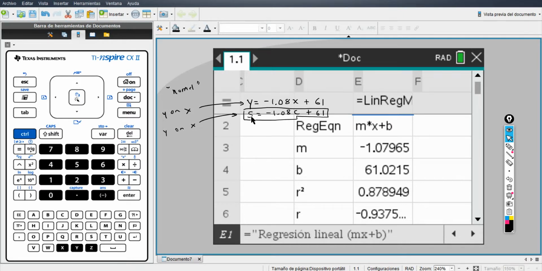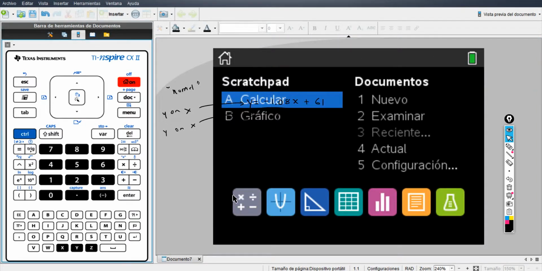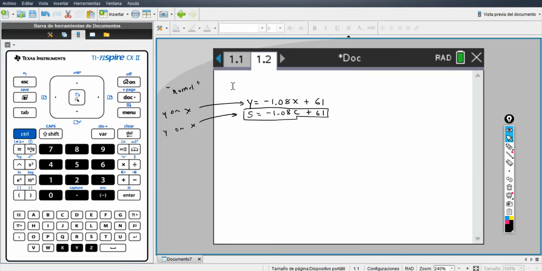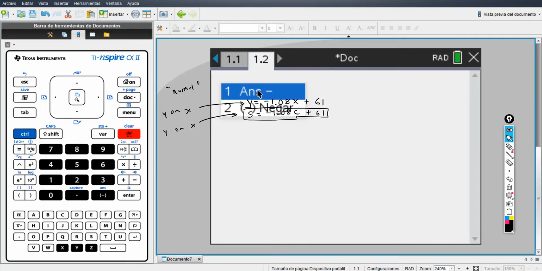And I'm gonna be getting the predicted number of sales. Let's actually do that. Let's open a new document for arithmetic. Let's go home, arithmetic, and I'm gonna put it here where I want. So I wanna perform this calculation.